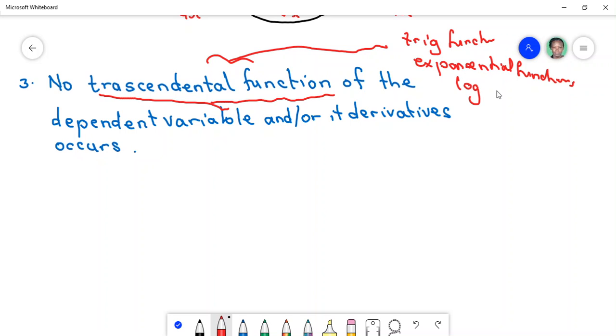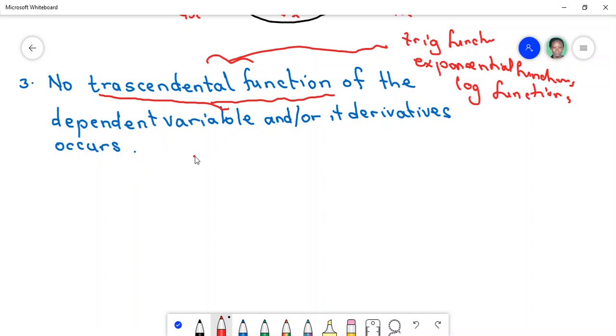So our log functions, trig functions, and exponential functions are what we are calling the transcendental functions. So we are saying do not have any transcendental function of the dependent variable and or its derivatives.